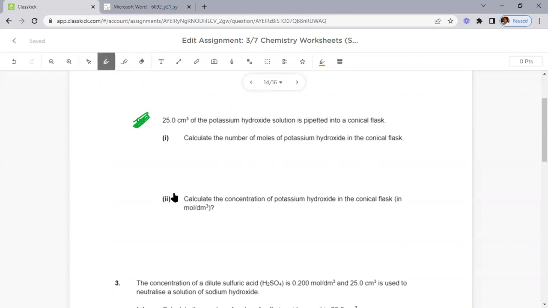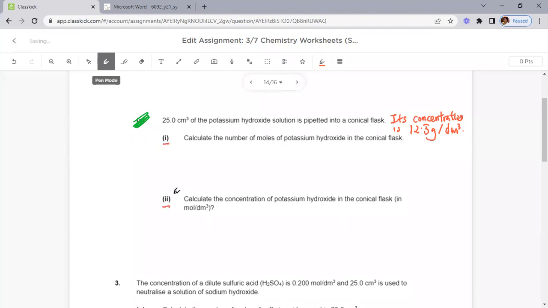I prepared a conical flask. Its concentration is 12.5 gram per dm cube. Its concentration is 12.5 gram per dm cube.